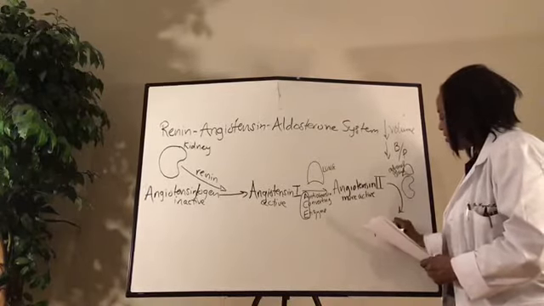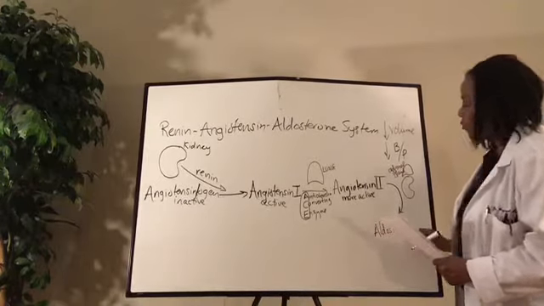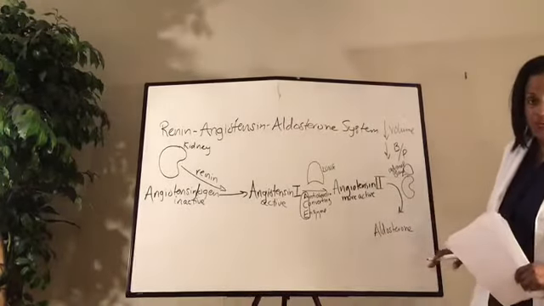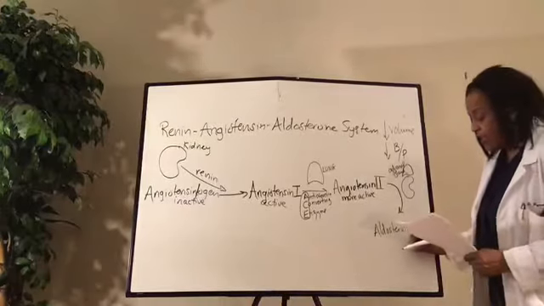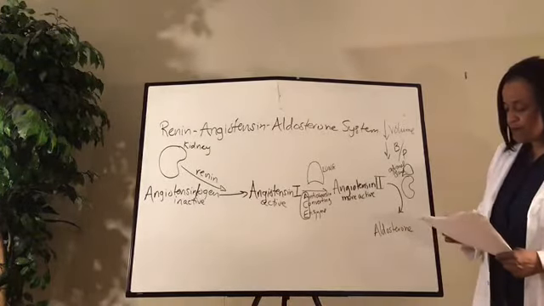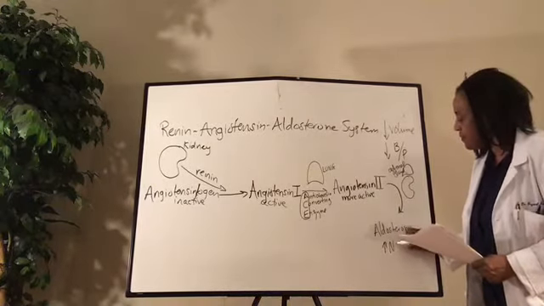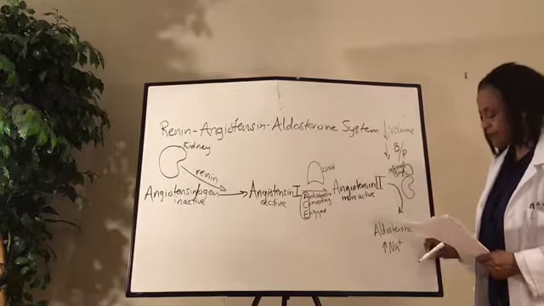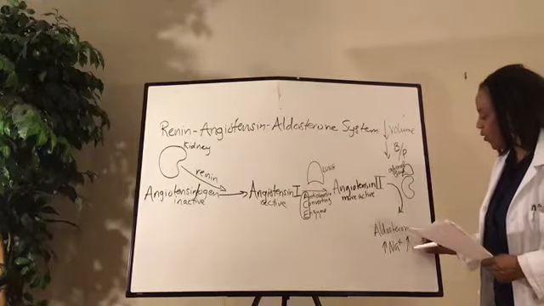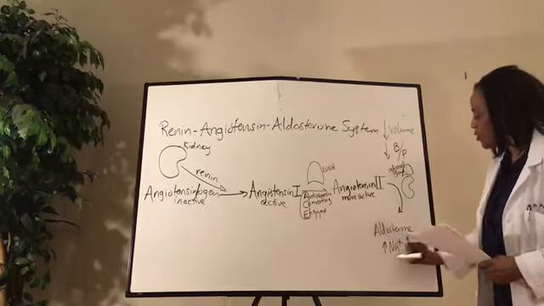Aldosterone. And remember, we said when we see aldosterone, we're going to associate this with sodium, right? We're going to increase our sodium, which will increase our water retention, which will increase our volume.